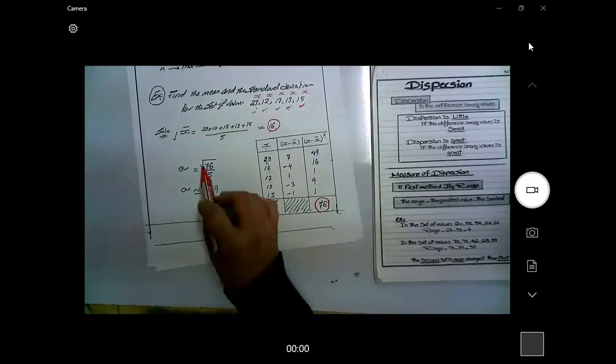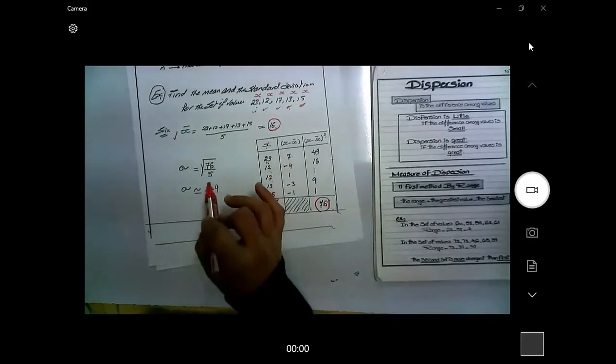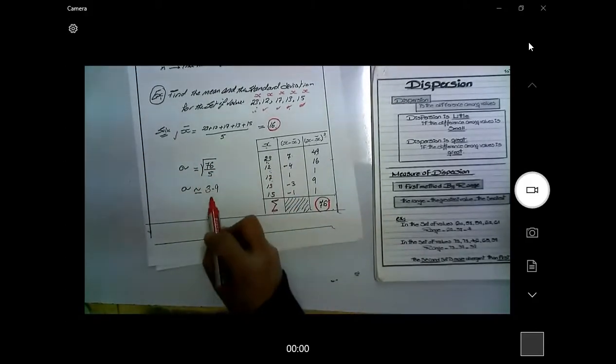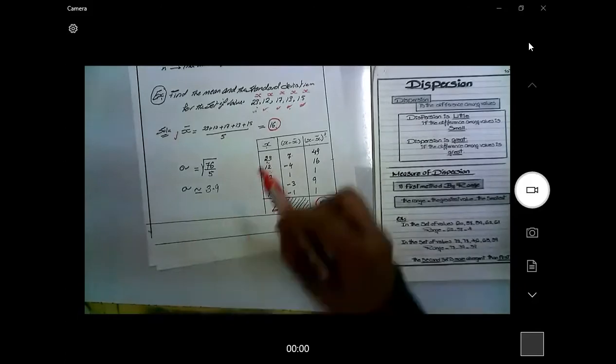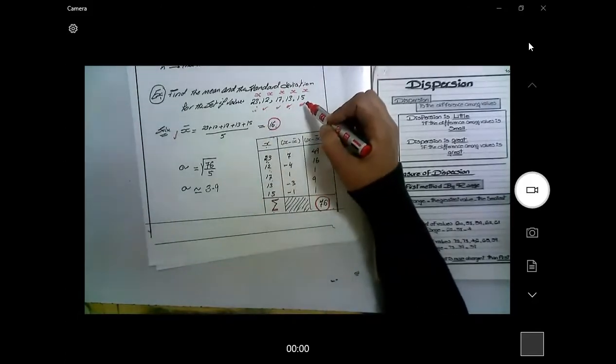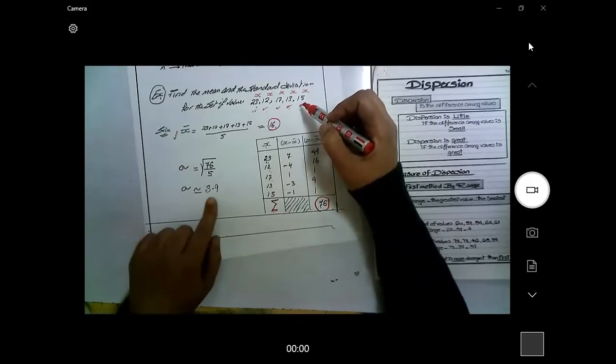Then the standard deviation is the square root of 76 divided by 5, approximately 3.9. So the standard deviation of these values, which is an accurate measure, is approximately 3.9.